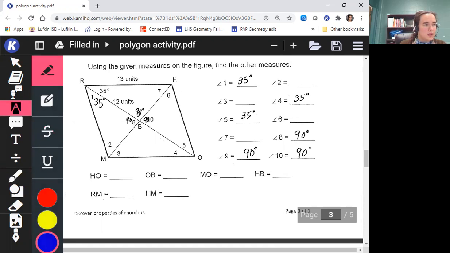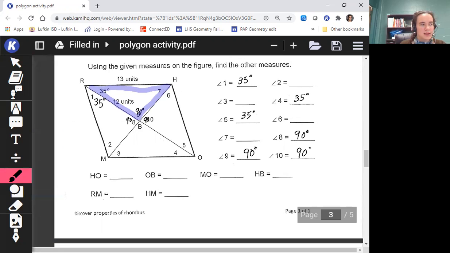And then we have two angles in this triangle, and we're looking for that third angle. So we can take 90 plus 35, which is 125, and subtract that from 180. So, 125 subtracted from 180, and we get 55 degrees.